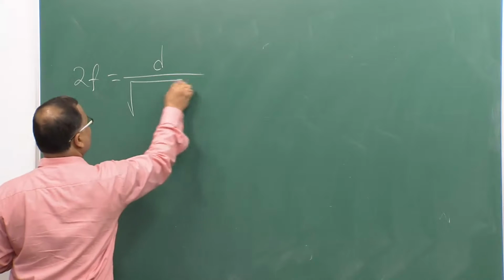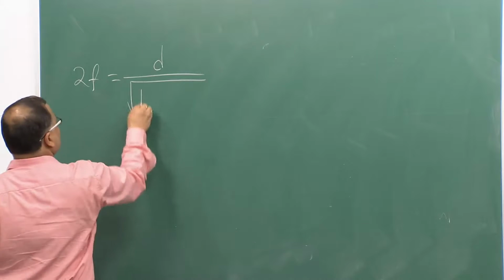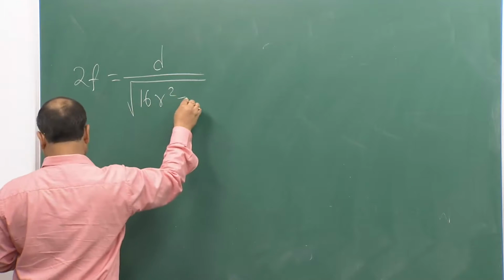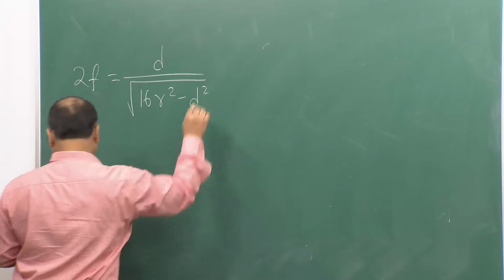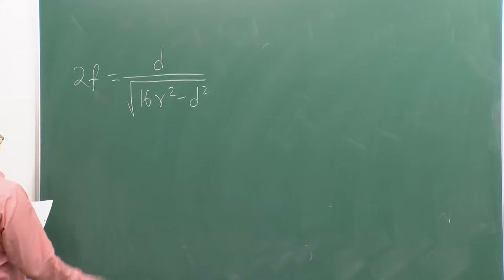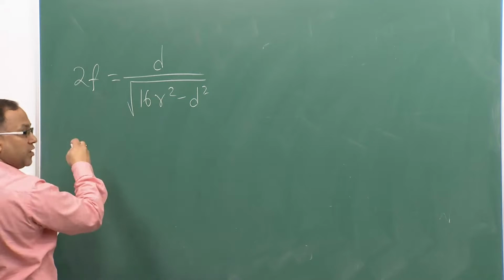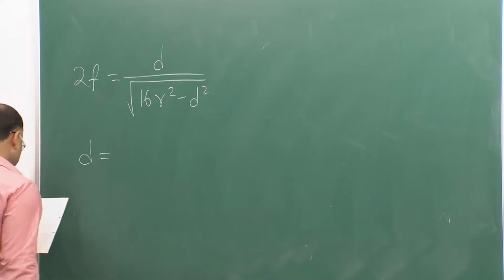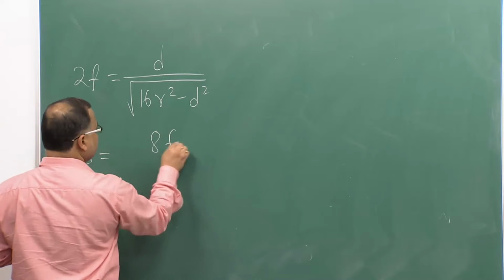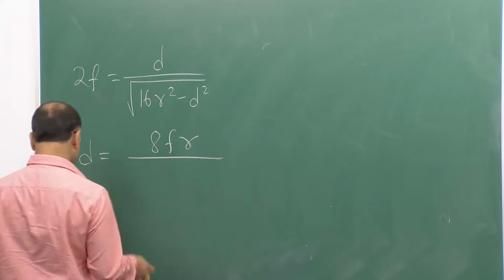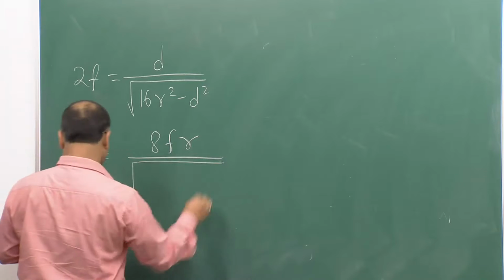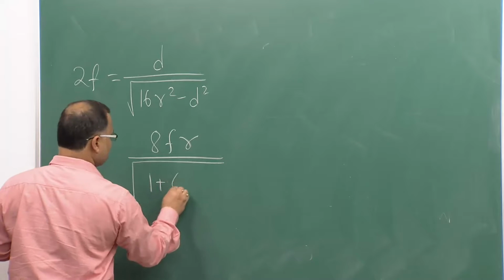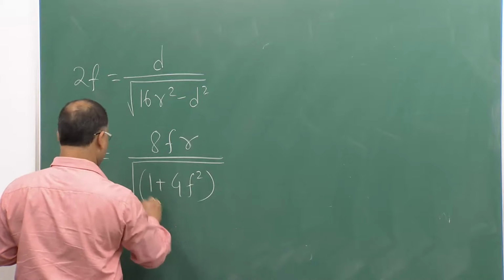Already we have got the expression for tan theta, 16 r square minus d square. Okay. Now, if I do some simplification of this expression, finally I will be getting d equal to 8 f r by root over 1 plus 4 f square.